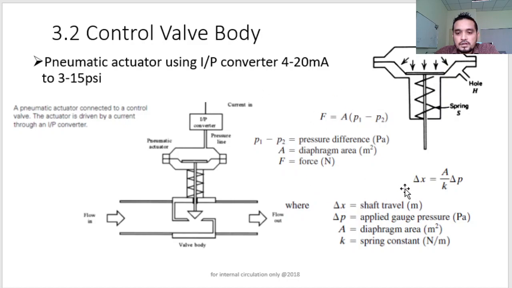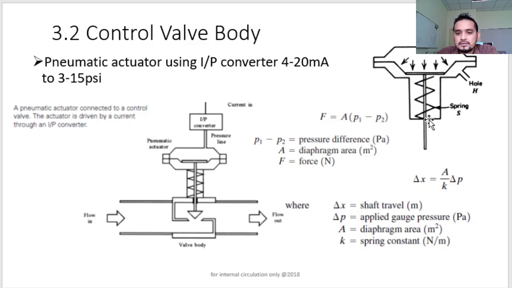That is one. Number 2 is delta X. Delta X is the shaft travel. Say we pump gas inside here, and that will shift the stem and the spring, either up or down.